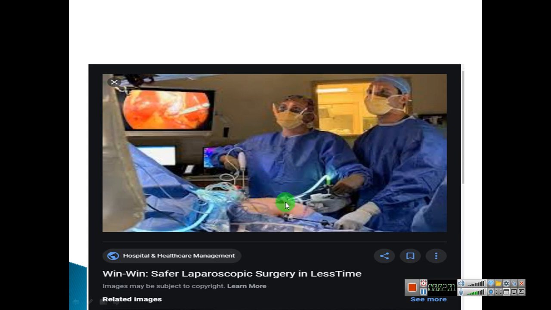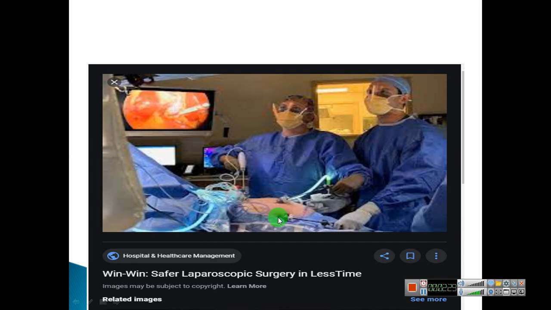After cleaning the abdominal area, and then draping the patient, put a small incision on the umbilical area, insert the Veress needle, and through the Veress needle fill the abdomen with carbon dioxide so as to see the inside of the abdomen well.